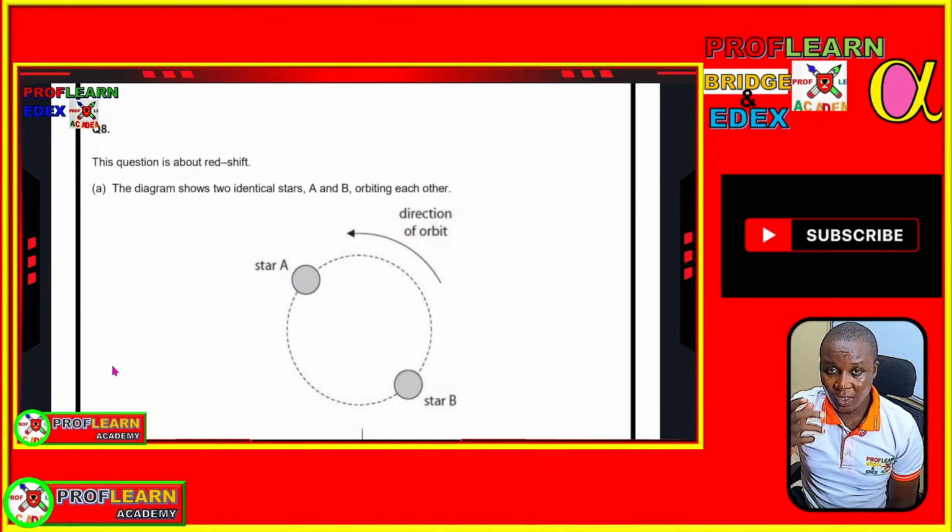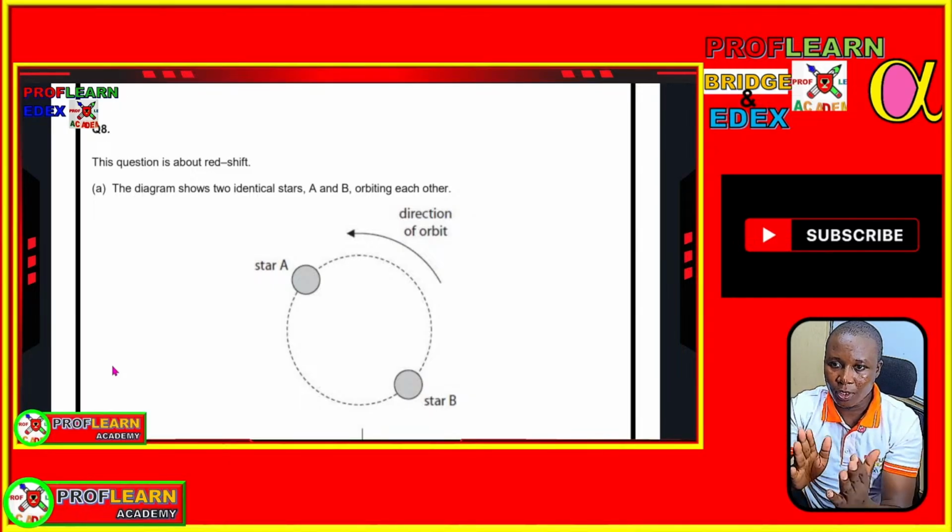Now, sometimes you've heard the sound of a car approaching. You will hear the sound at a higher pitch than when it has passed you, because when the car is approaching, the sound wave fronts are compressed.